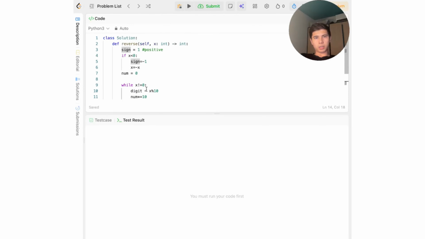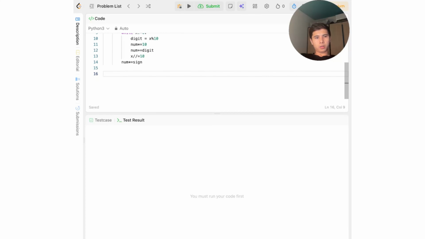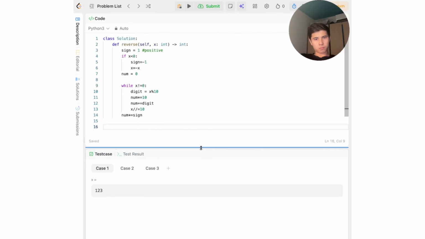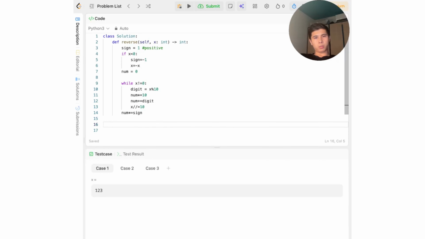That's why we are multiplying them. And last but not least, we can write the condition parts. But before that, we can check whether it works or not. Yes, it works, but the test part didn't finish yet.